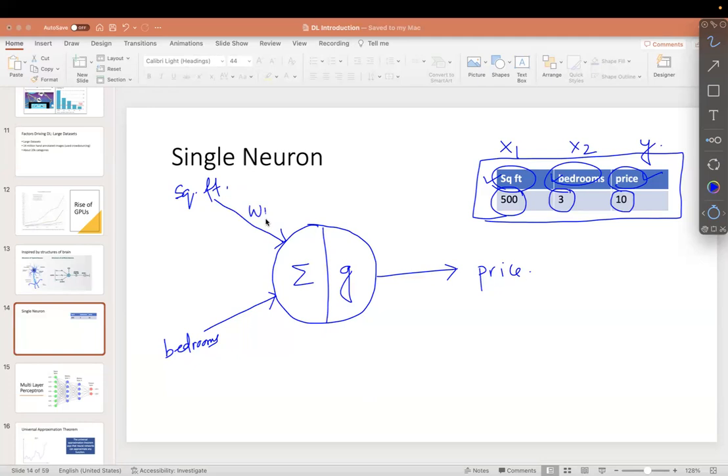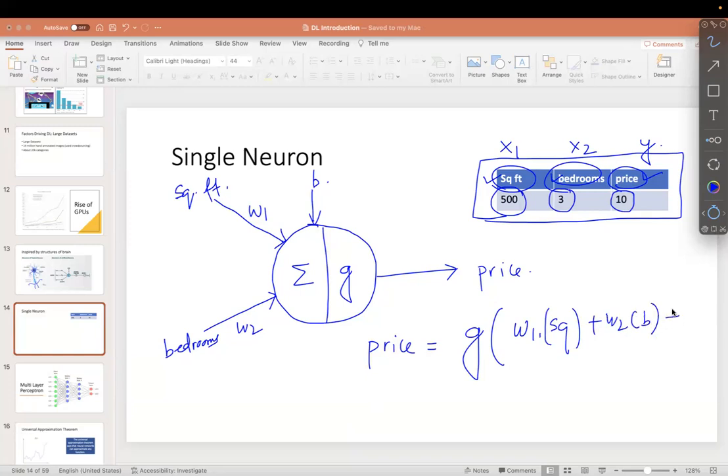These two values will be moderated by W1 and W2, and there'll be a bias term, a threshold value. So here you can write the price as G of W1 multiplied by your square feet plus W2 multiplied by the bedrooms plus some bias value B.